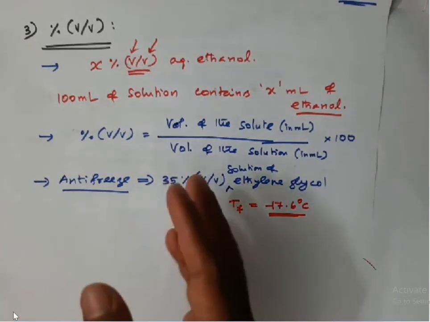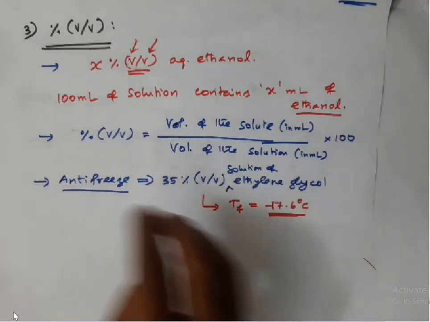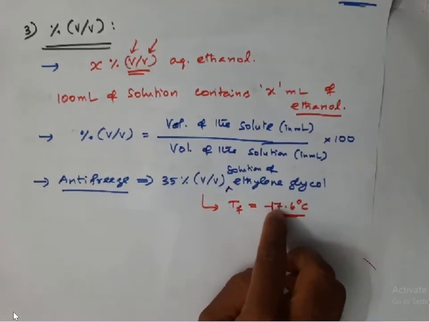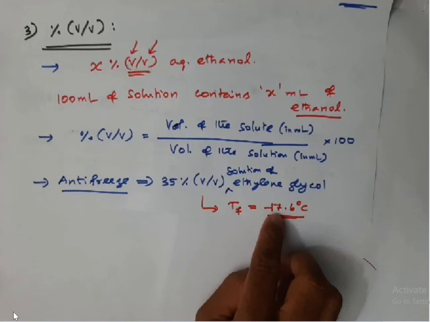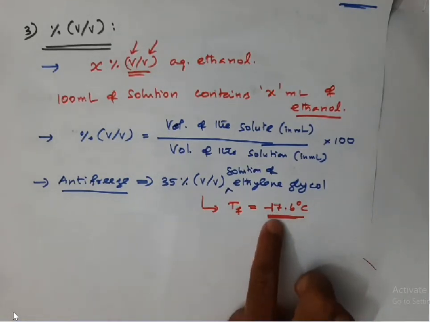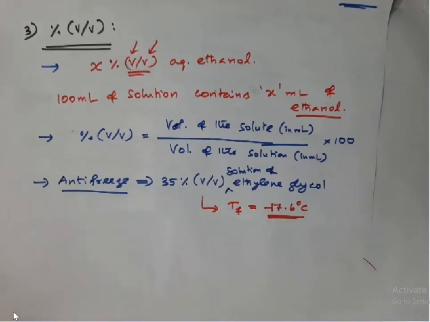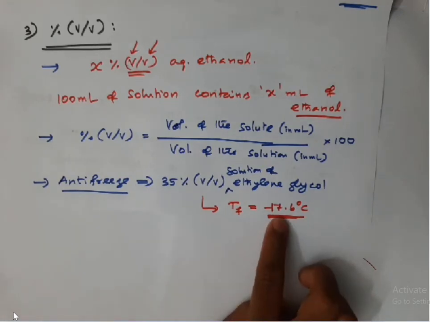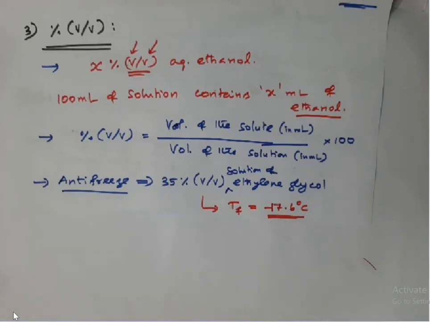Then the freezing point becomes minus 17.6 degrees Celsius. That means even if the temperature is minus 5 or minus 10 degrees Celsius, the mixture in the battery never freezes. If it goes below minus 17.6, we can't do anything, it will freeze. But till minus 17.6, you can save the battery.